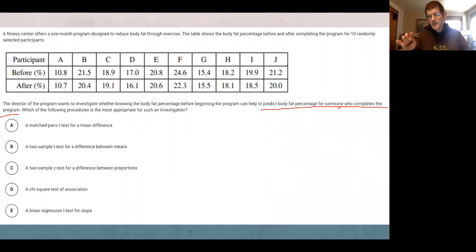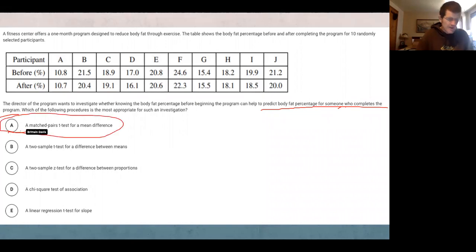And the reason I say hopefully you think about it a little bit is because you could be tricked by this problem. Because this is a classic case where a matched pairs t-test could be the right answer. It could be the right answer depending on the question they're asking. What if the question was, is this program effective?